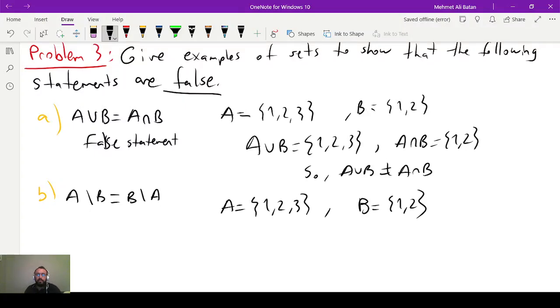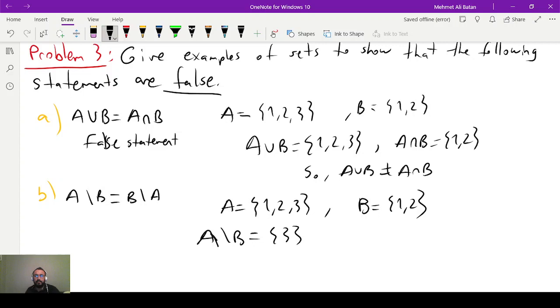The earlier example also does the job, because A set difference B is clearly 3. I am looking at all the elements in A which are not in B, and I have only one element, which is 3.